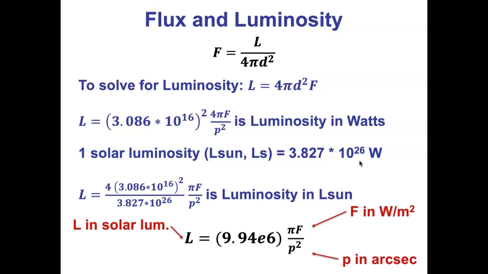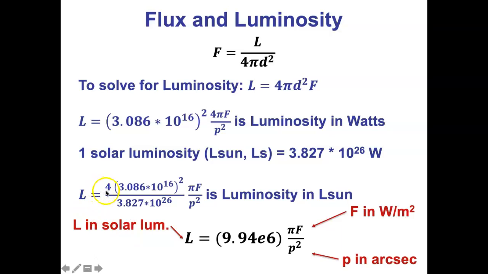Let's convert our answer. This equation gives us the luminosity in watts. If we just divide by the number of watts in 1 solar luminosity, then that will give us the luminosity of any star measured in solar luminosities. And that number is going to be a much smaller, much more reasonable number. So, what is all this business here?